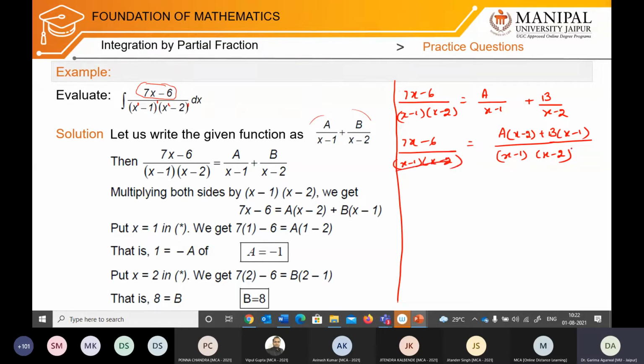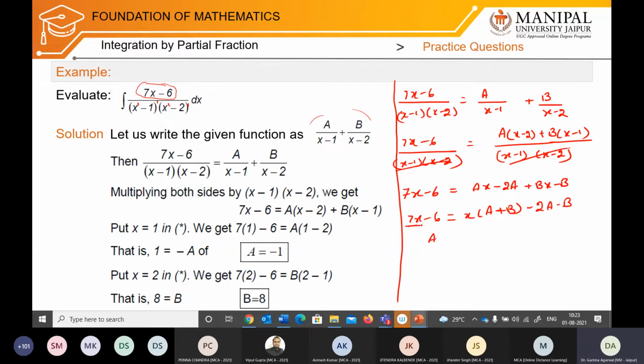In that step we can cancel the denominator. That means 7x minus 6 will be equal to ax minus 2a plus bx minus b. Now the coefficient of x is a plus b, and the constant is minus 2a minus b.